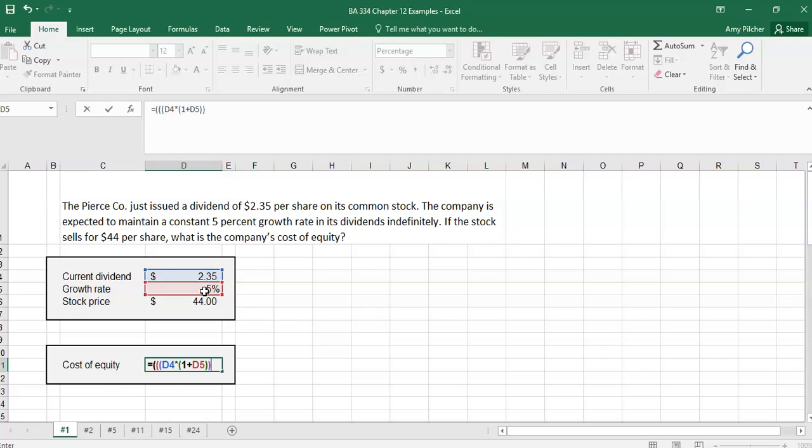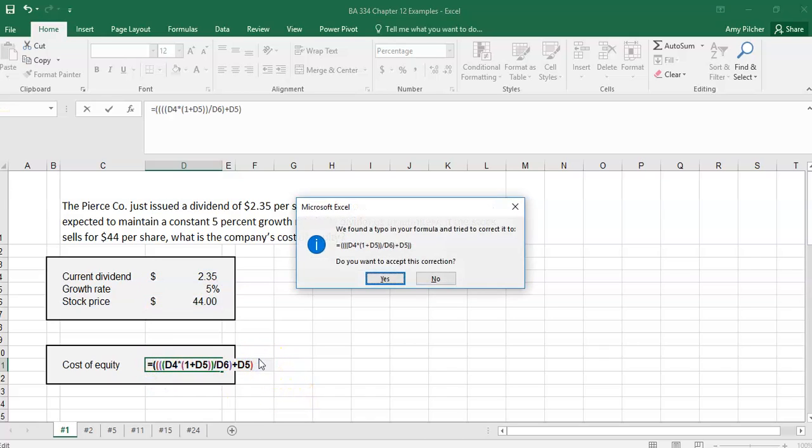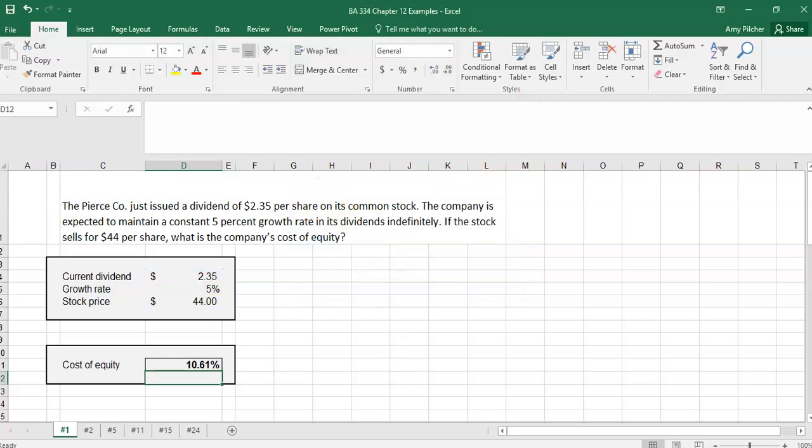That's divided by the price. And then we add the growth. And I need 1 more parentheses at the beginning. So we get a cost of equity of 10.61%.